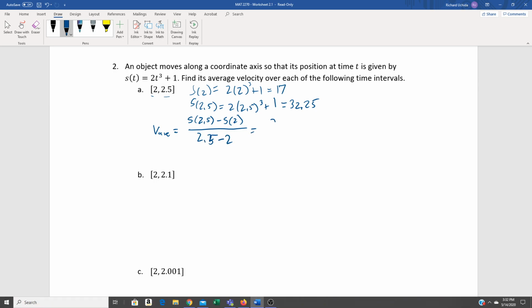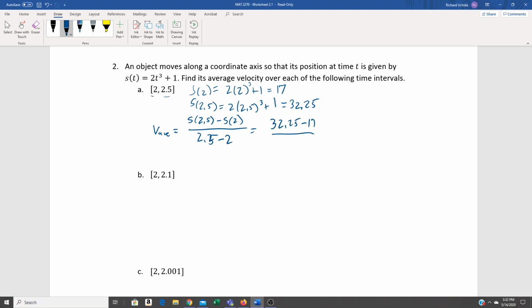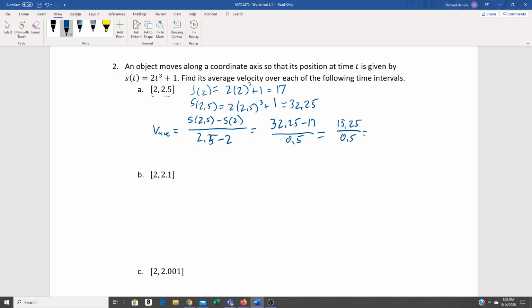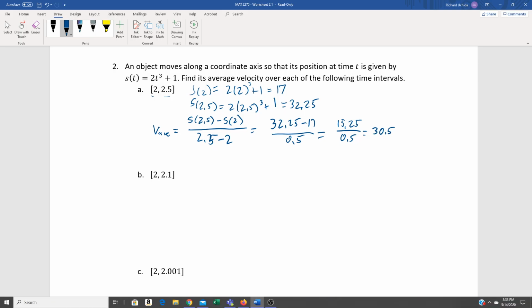So that would be 32.25 minus 17 over 0.5. 32.25 minus 17 is 15.25, divided by 0.5, which is the same thing as multiplying by 2. So you'd get 30.5 as the average velocity if you go from 2 to 2.5.